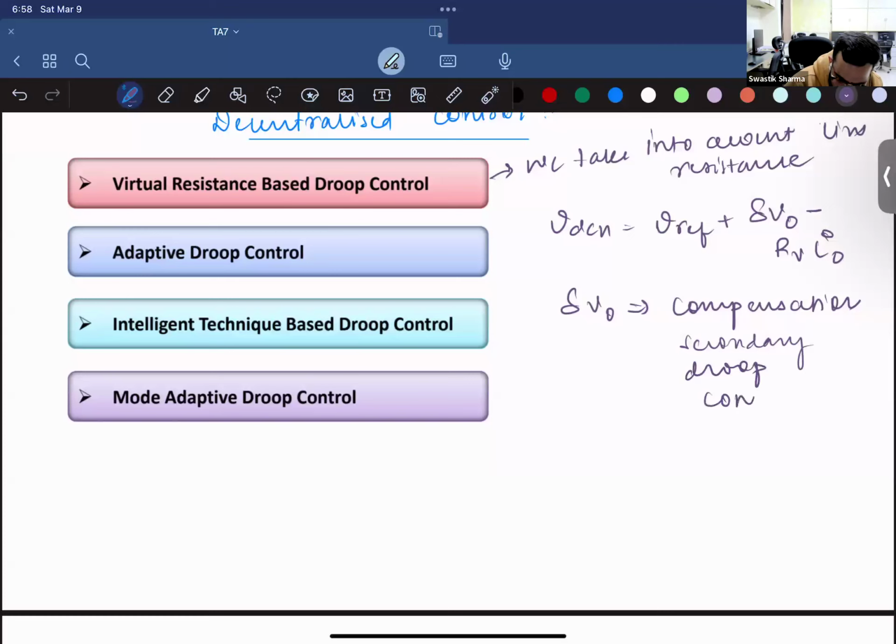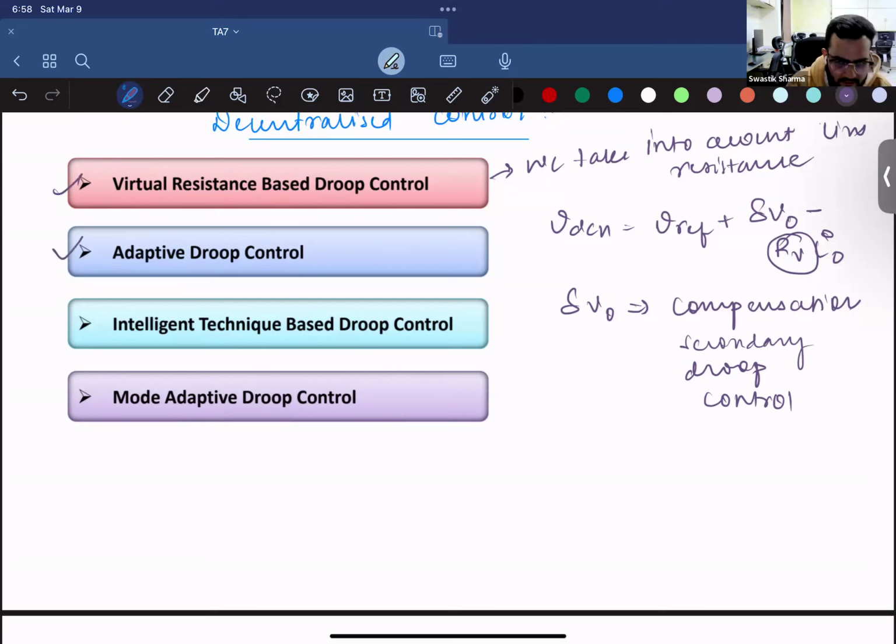Since the paper had this delta V naught in play, I added it. Even if you remove it, it's just a constant quantity. And as you can see, your new resistance value depends on how your voltage changes with respect to your output current, and in a way you can affect the change in your droop values.